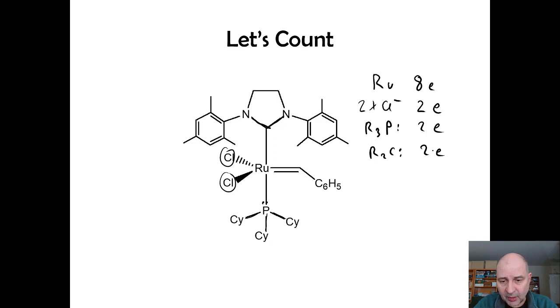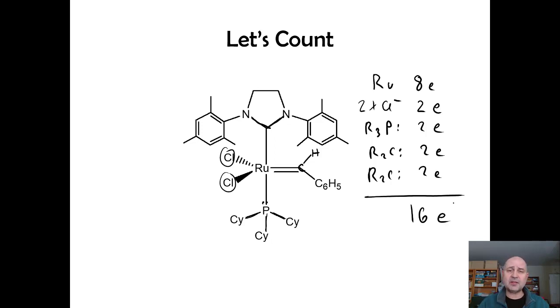And then we have a carbon here and we show a double bond, but because there's an angle, there has got to be a hydrogen here, otherwise it would be shown linear, and then we would look at it as a different donor group. But this is definitely a carbene, so we have another carbene here with 2 electrons, and when we add all that up, we get a 16 electron species.